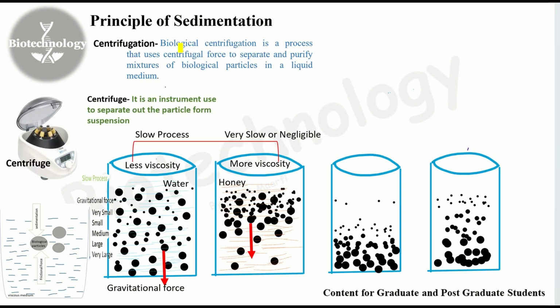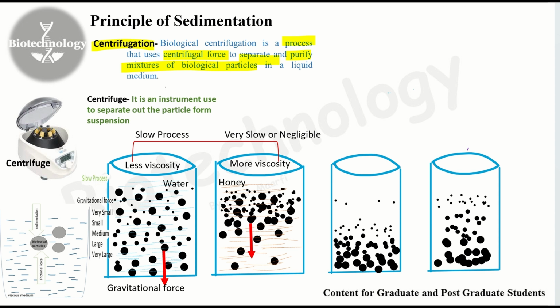Let's get into it. First of all, we should understand what is centrifugation. It is a process that uses the centrifugal force to separate and purify mixture of biological particles present in a liquid medium. That liquid medium may be water.